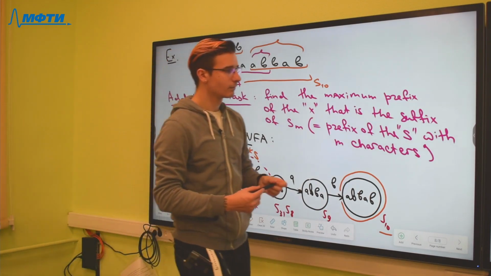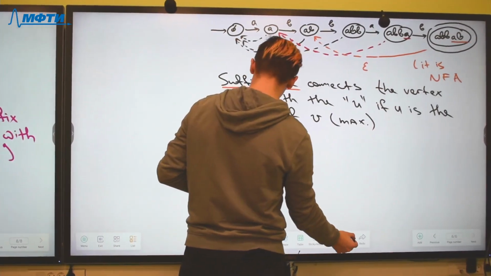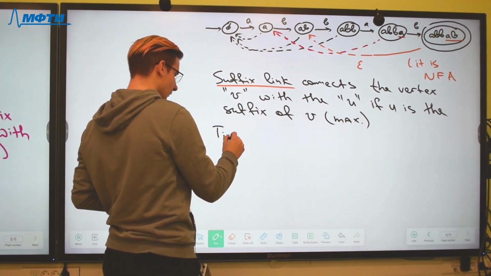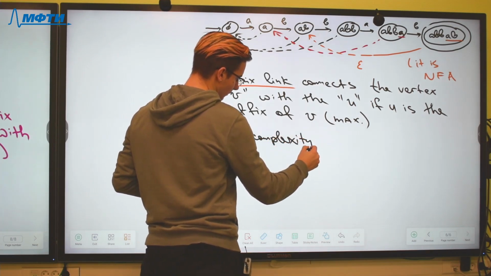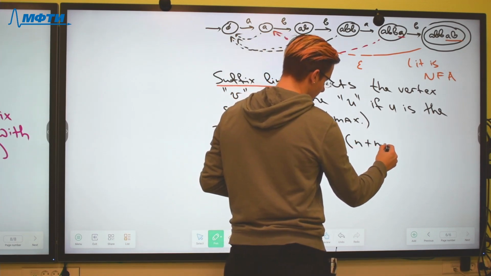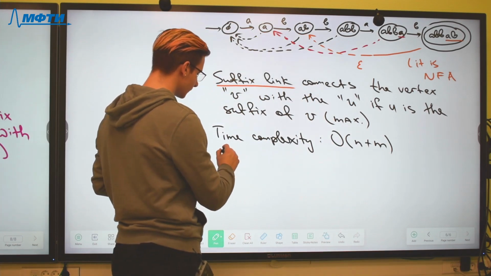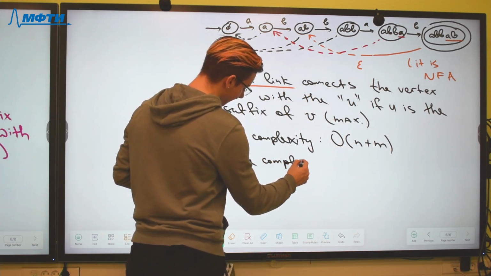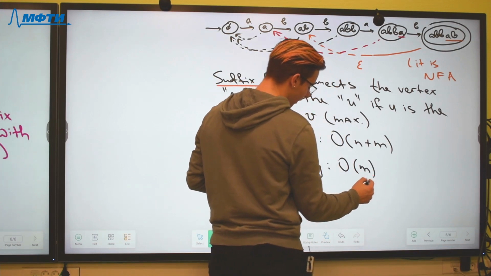The time complexity of it is O(n plus m) and the space complexity is O(m).